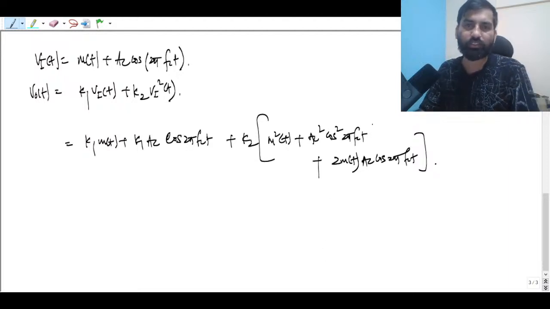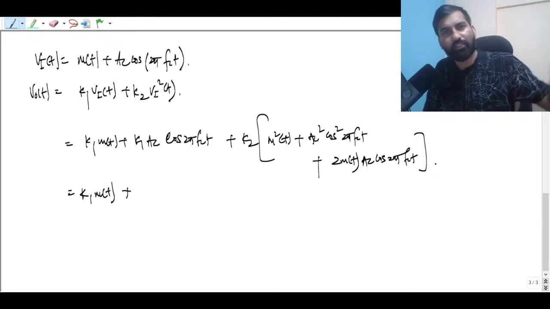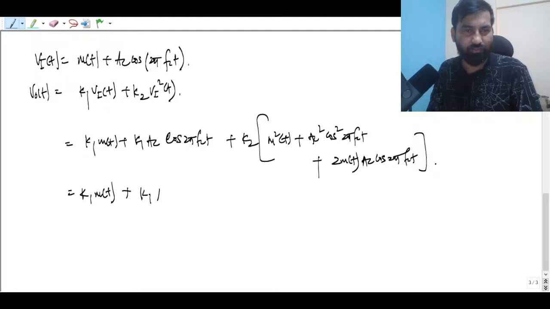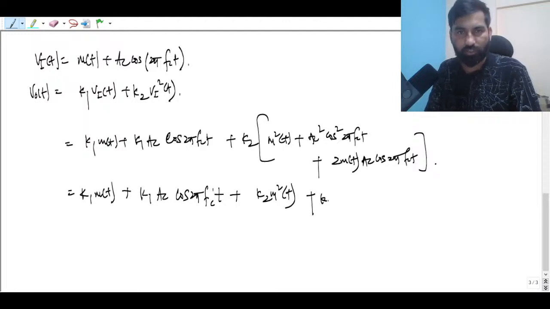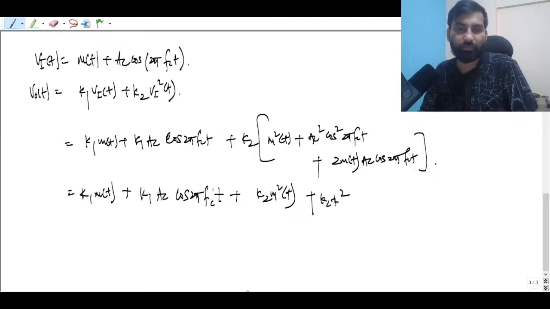So what you can do here is take k2 inside also. So k1 m(t) and all will be eliminated, right? k1 Ac cos 2 pi fc t will not be eliminated because this will be passing through the ideal filter. k2 m square(t) will also be eliminated. Then k2 Ac square cos square 2 pi fc t, what does that mean?